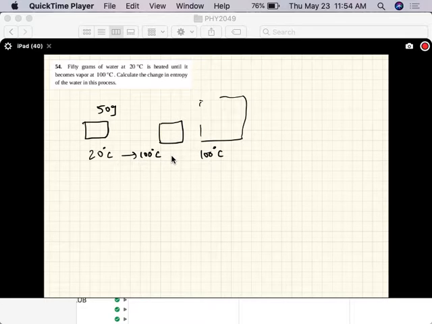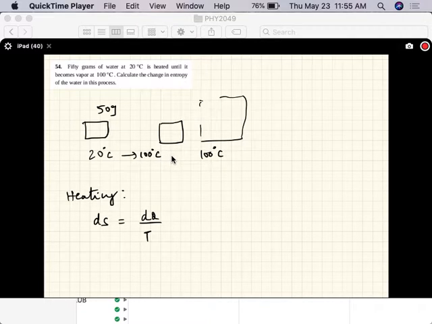All right, so the change in entropy, while you're heating the water.